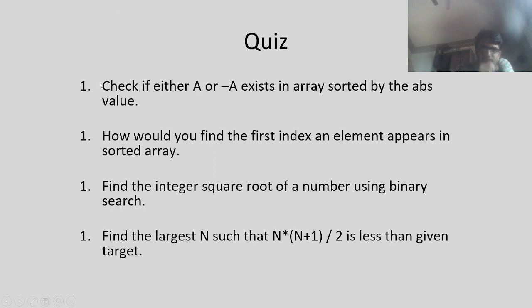So let's do these questions. I'll give you 5 minutes to think over these questions. Let's start with the first one. You need to find if A or minus A exists. You are given a variable A and you need to figure out whether it exists in an array that is sorted by the absolute value using binary search. I encourage you to think for some time and tell me.